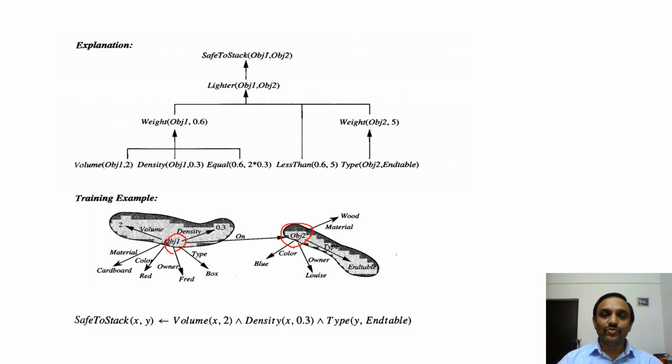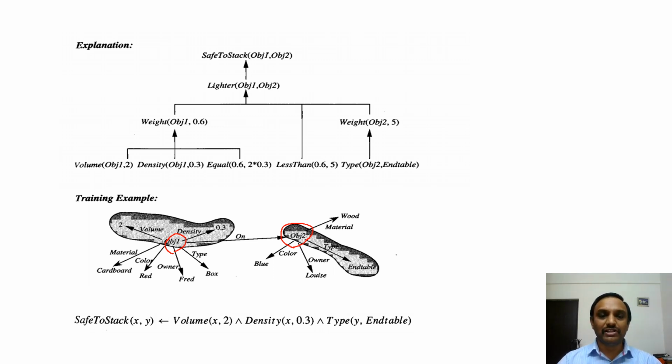Here we are finding the weight of object 1 as well as the weight of object 2. Our main task is to check: is it possible to place object 1 on object 2? If object 1's weight is less than object 2's, you can place it. So this is only one criterion.